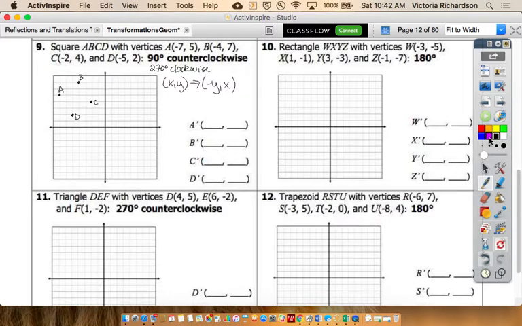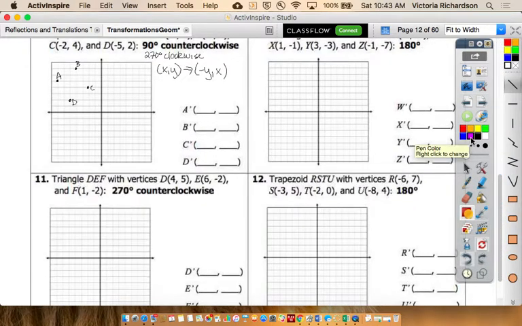Now I connect the points. So there's my square.